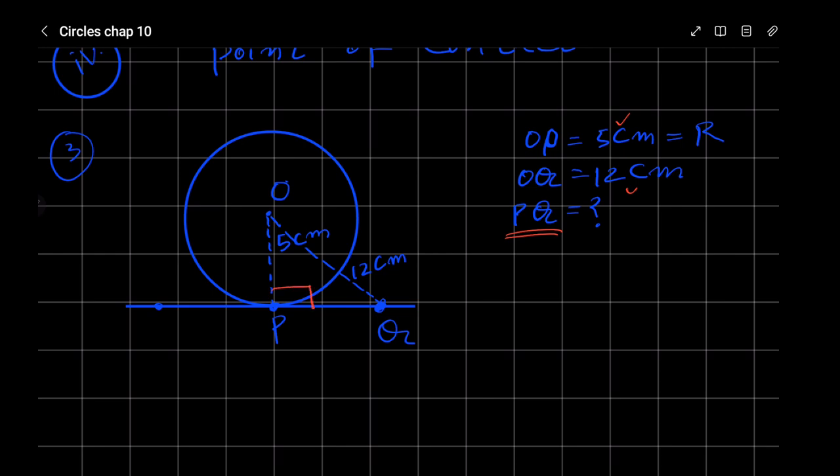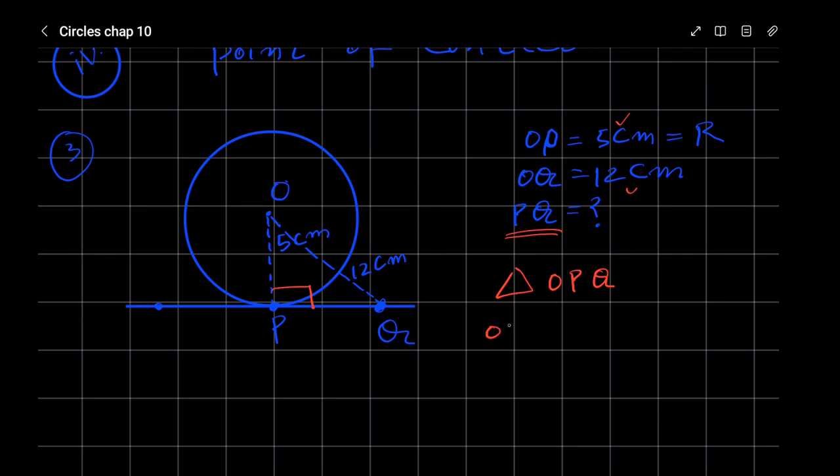This will also be 90 degrees, isn't it? Because it's the same situation. And if this is 90 degrees, then it's a right angle triangle. Triangle OPQ is a right angle triangle, and we can apply the Pythagoras theorem.